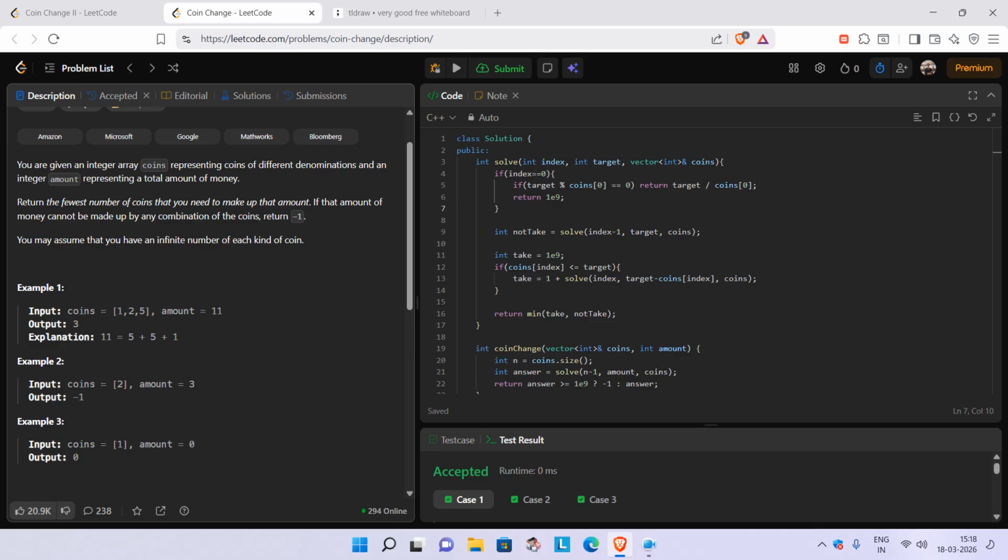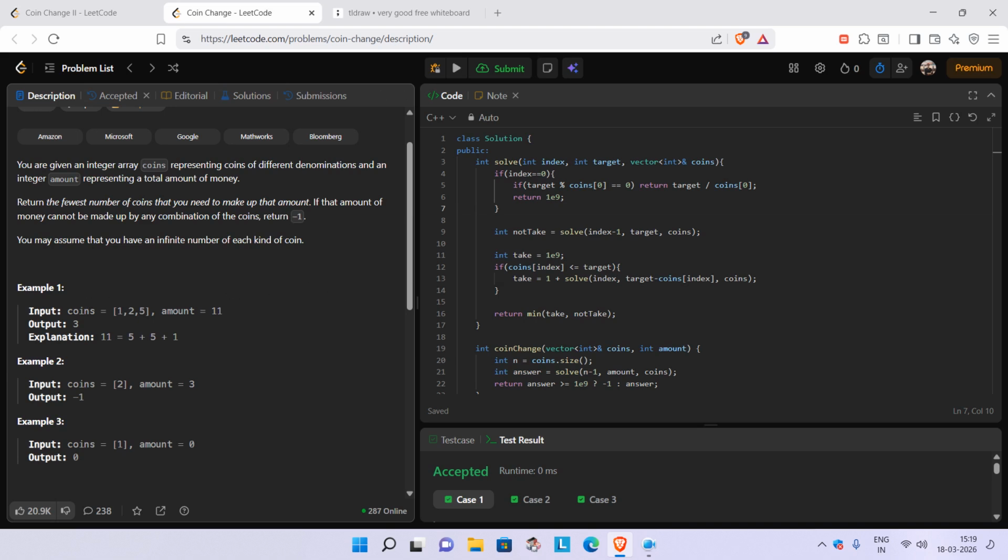Okay, so now coming to the problem intuition. At every index we have two choices: either we take that coin or we do not take the coin. If we take the coin, we stay at the same index, since we can reuse it. In the case when we do not take the coin, we simply move to the other index.